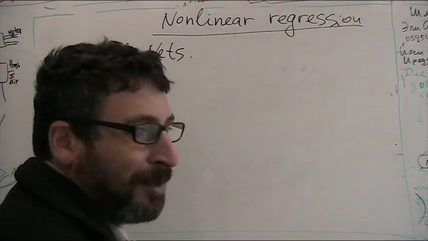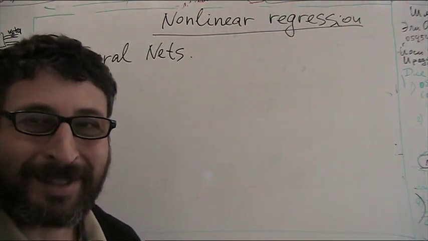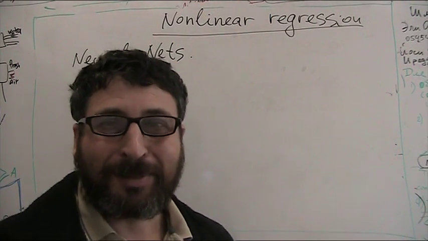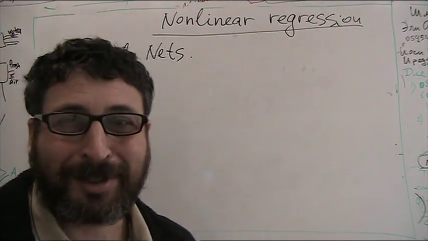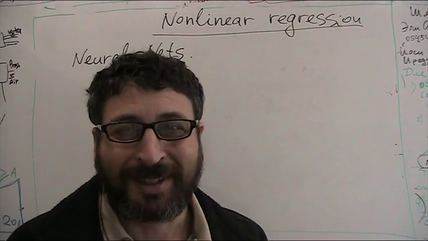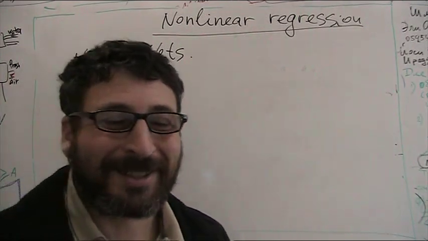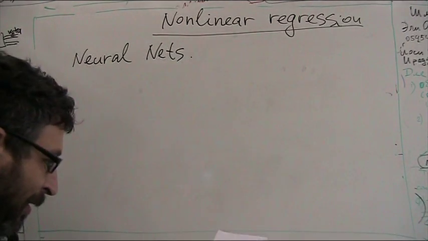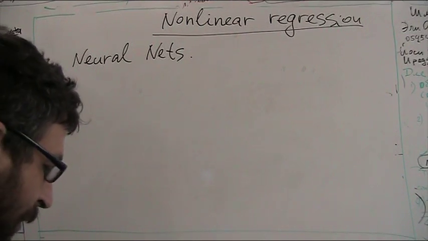It's very interesting and rather important in many applications, like function approximation, prediction, pattern recognition to recognize handwritten text, and many others. So, what is a neural network?